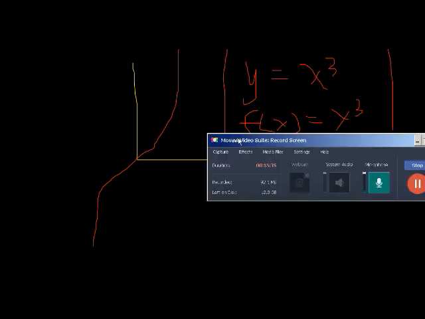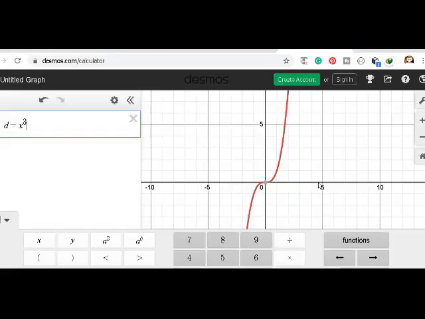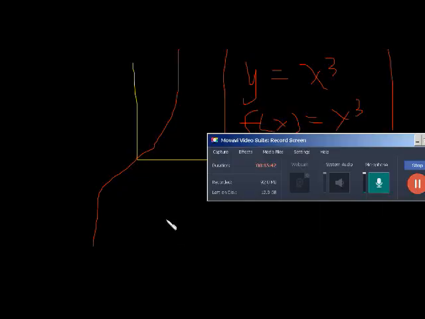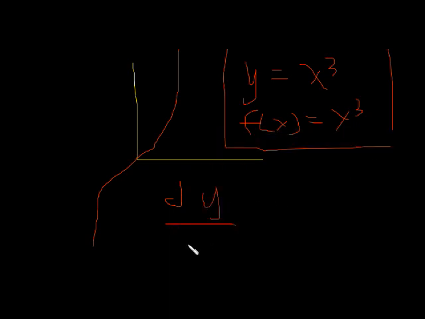We'll use the derivative again. So dy dx is the power becoming the coefficient, and the variable's power will be reduced by 1. So 3 reduced by 1, it becomes 2. Thus we got the formula for the derivative. So now we can use this to find the gradient.